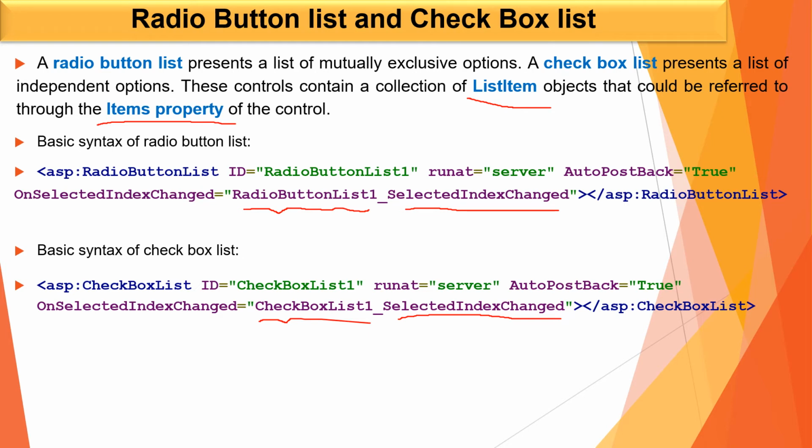The syntax of the CheckBoxList is asp:CheckBoxList ID equal to CheckBoxList1, runat equal to server, which is always compulsory. The AutoPostBack property will be true, and the OnSelectedIndexChanged property has to be changed for the CheckBoxList as well as the RadioButtonList. So this is the basic syntax of the RadioButtonList as well as the CheckBoxList.